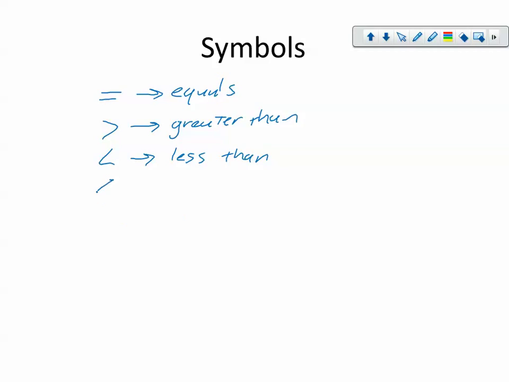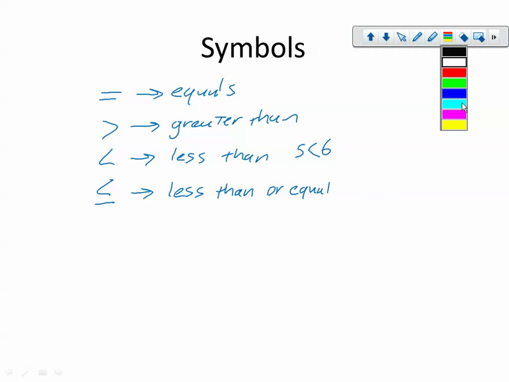And then we have less than or equal to, which is pretty much the same thing as the less than, but it also means that something can be the same to make a true statement, right? With this, 5 is less than 6 is a true statement, right? That's a good statement, very true. But 6 is less than 6 is a false statement, okay?